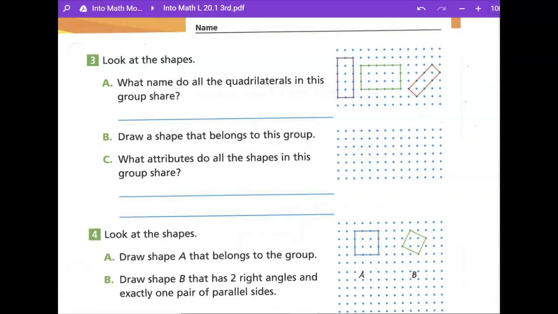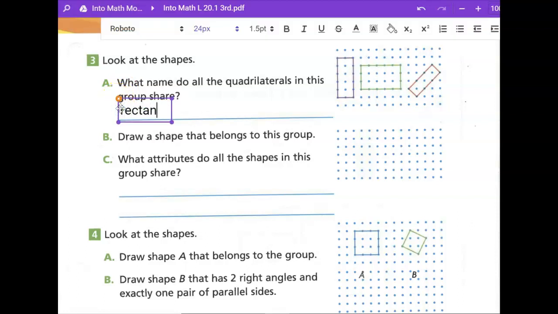What shape are they all just looking at them? Rectangles. Okay, what else? They have 2 pair of parallel sides. Okay, let's see. Parallelogram, 4 sides, 4 angles, 2 pair of opposite sides that are equal, and 2 pair of parallel sides.